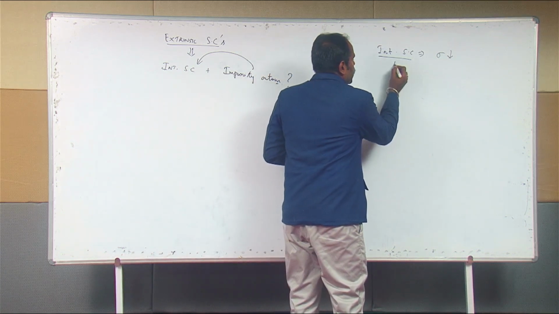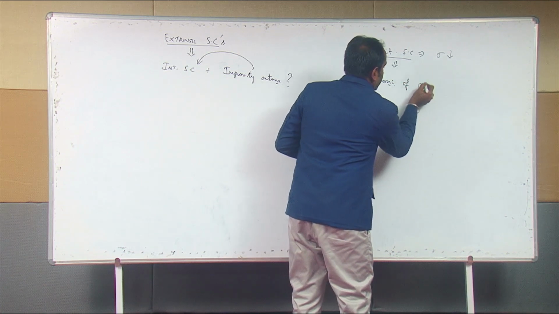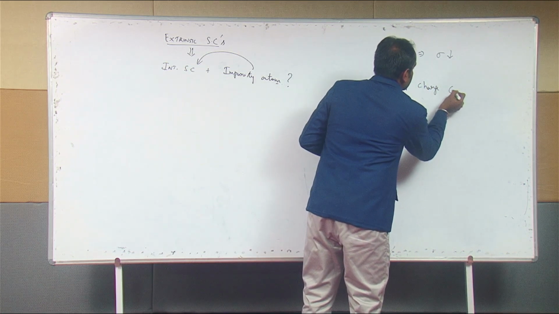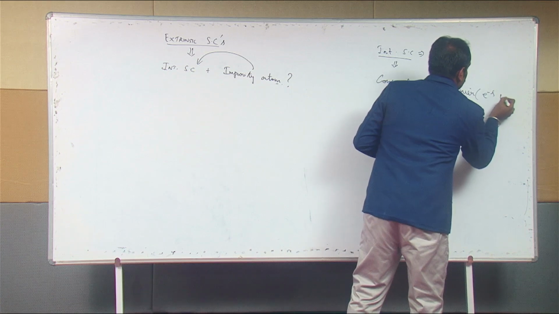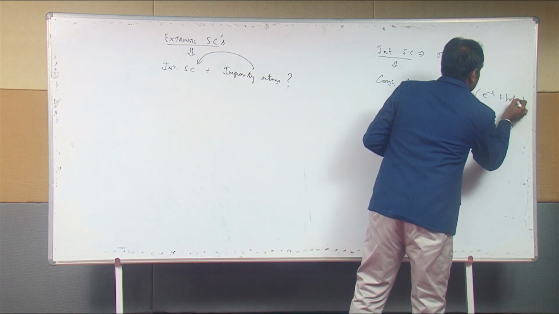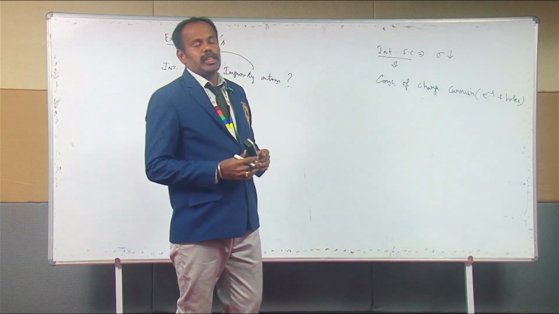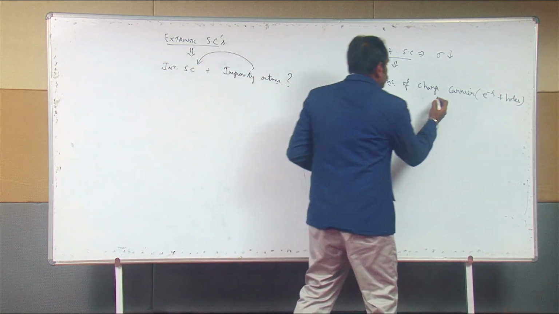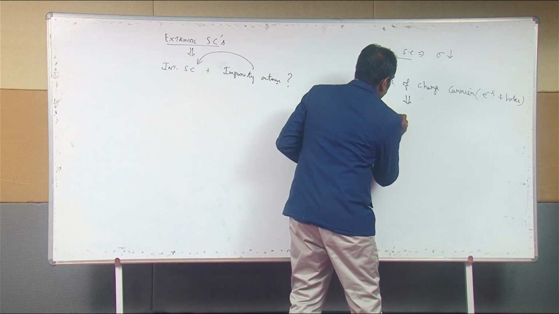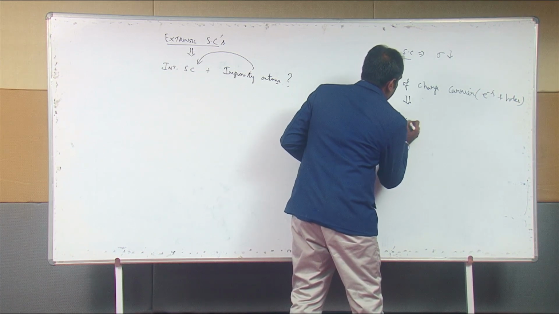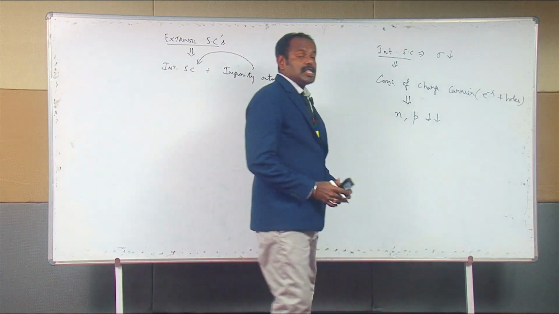Because in an intrinsic semiconductor, the concentration of charge carriers, and when you say charge carriers in a semiconducting material we simply mean electrons and holes, is found to be much smaller. The concentration of electrons and holes, as we mentioned, small n and small p, are found to be much smaller.